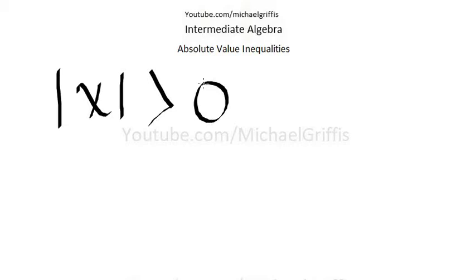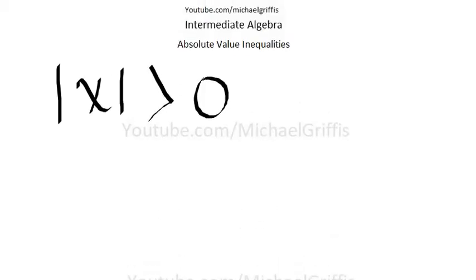There's some difference between absolute value equations and absolute value inequalities, and we'll see what it is. We do something that's pretty much the same. So let's write this. We have the absolute value of x is greater than 0.